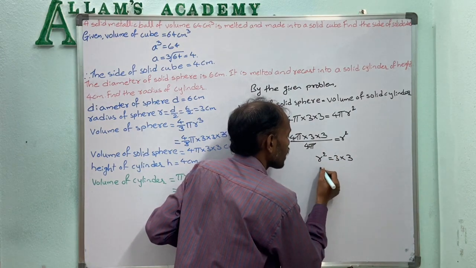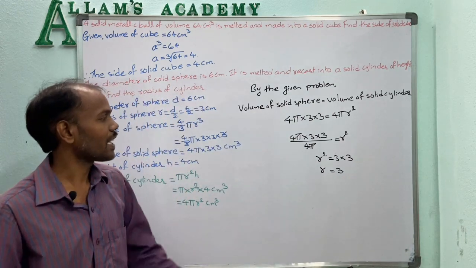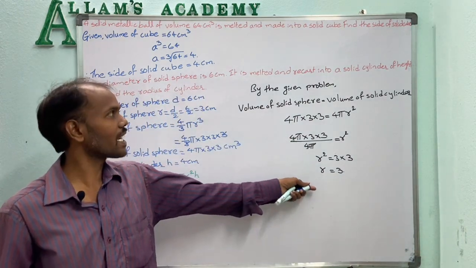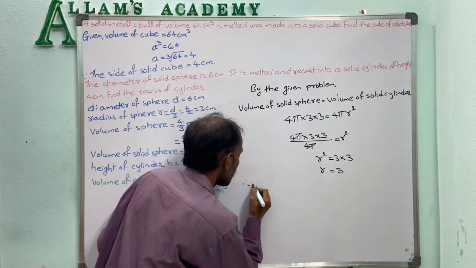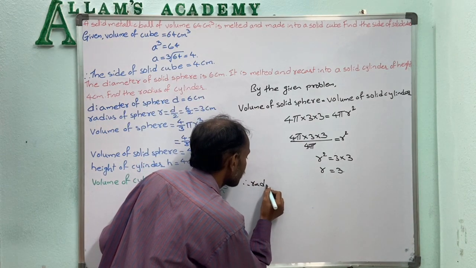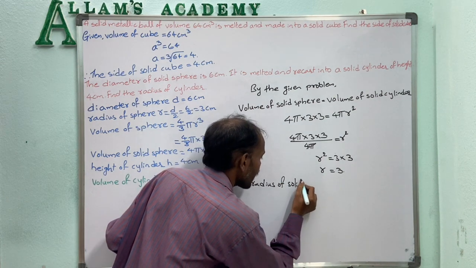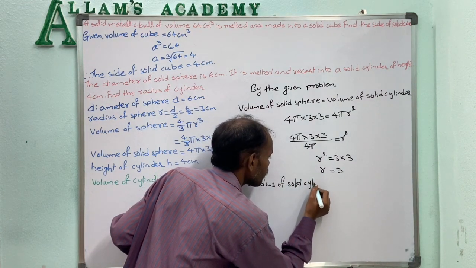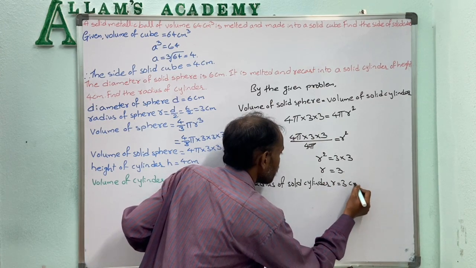So r is equal to 3. So that r is nothing but radius of this solid cylinder. So therefore radius of solid cylinder is 3 centimeters.